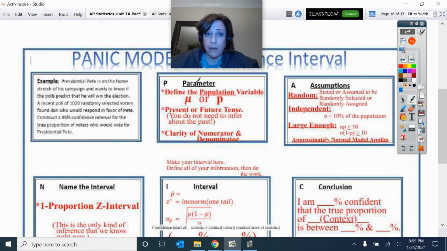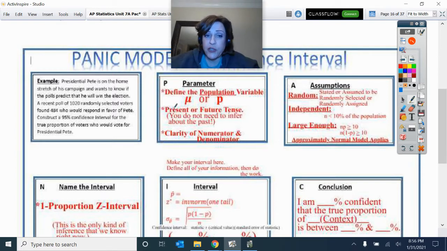stands for parameter. That is, we want to define exactly what it is that we are hoping to generalize to, or what we are making an inference about the whole population. A couple of things. We need to make sure that we are using a mu for the mean or a p for the population proportion.